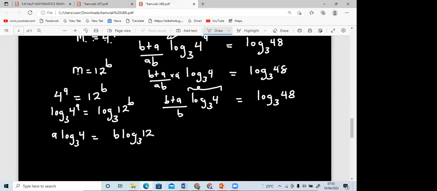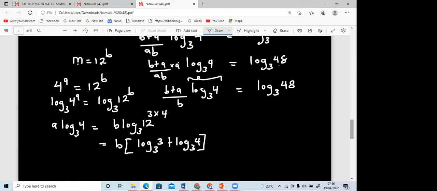But what am I looking out for? I'm noticing that 12 is the same as 3 times 4. So I can have this as log base 3 of 3 plus log base 3 of 4.